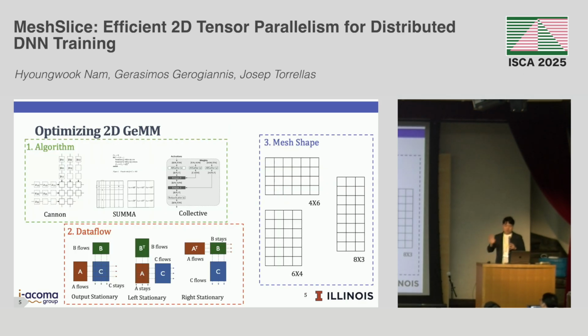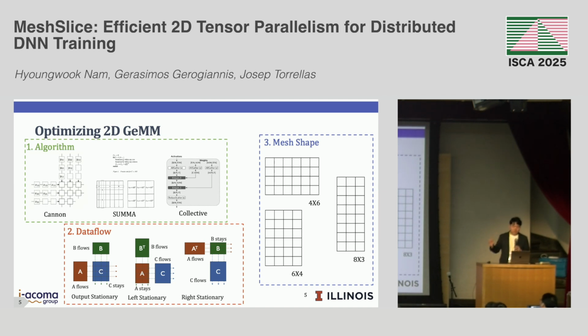Optimizing 2D GEM has a few parameters. First, you have to choose the algorithm itself, because distributed 2D GEMs have different types of algorithms, and the choice is critical. Second is the data flow. Depending on what remains stationary, there are three major data flows of 2D GEM, and this choice of the data flow defines the traffic pattern of your 2D GEM.